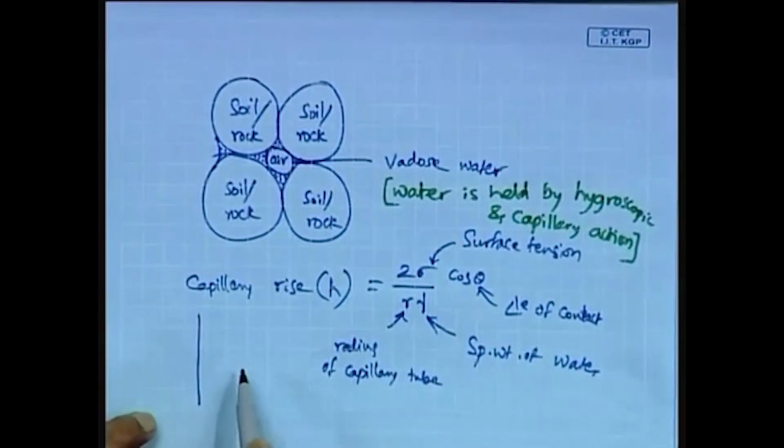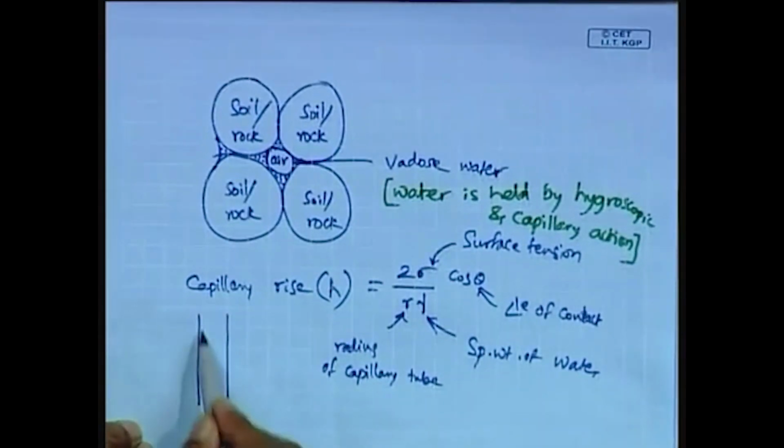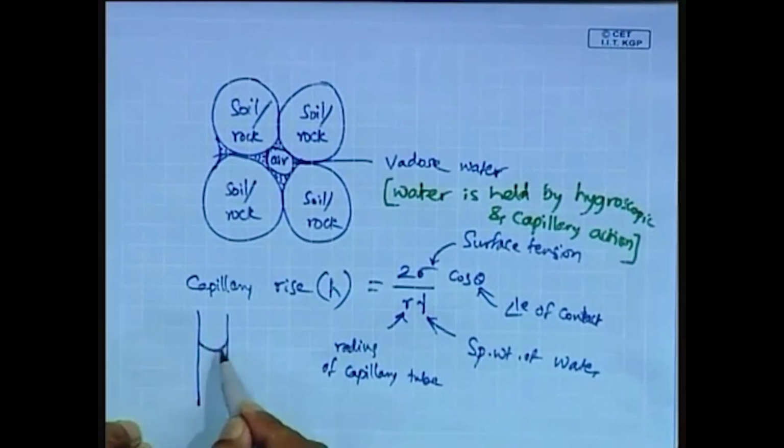So, suppose this is a capillary tube, which is basically a narrow tube.